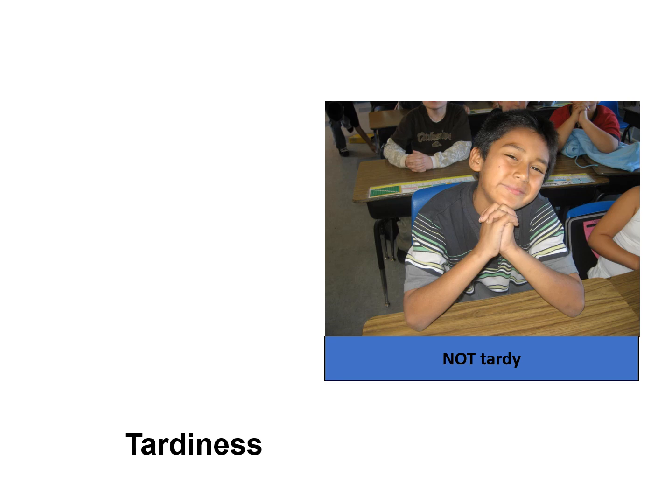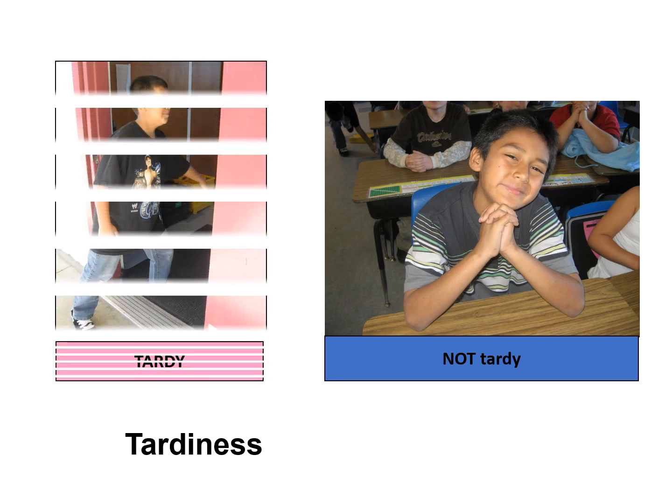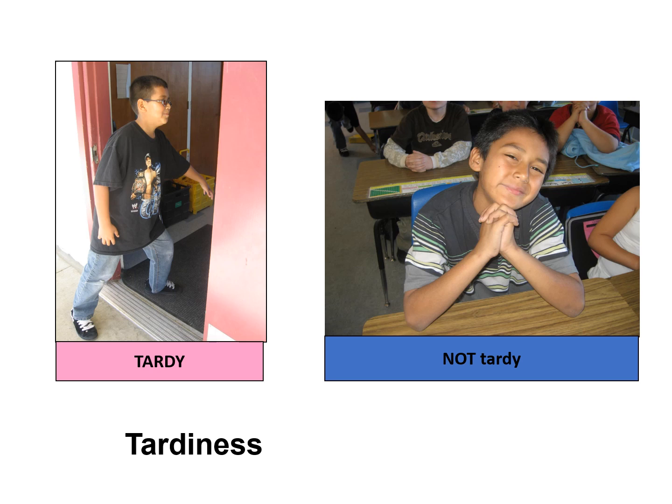Using visuals to teach and reinforce classroom rules is also very powerful because it removes opportunities for arguing. For example, this fine, upstanding young gentleman is not tardy. This young man, however, with one foot and one hand inside my classroom as the bell rings, is tardy. And if he wants to argue about that, all I have to do is refer him back to the visual.